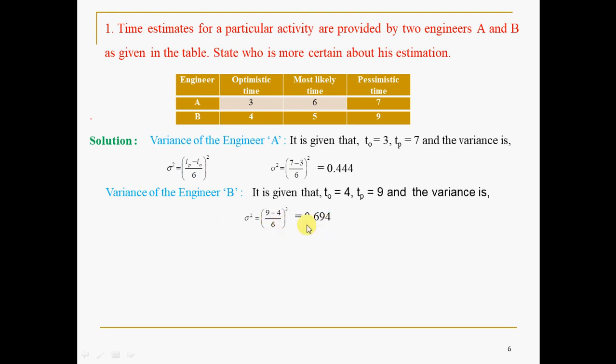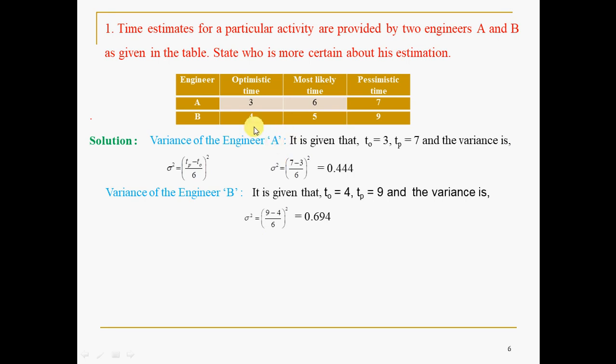What is your observation? Just by seeing the data itself, we can say A is more consistent, in the sense more capable or more reliable, because his variance is less. The data itself speaks, but however, you have to quantify using the statistical calculation, then say who is more consistent.